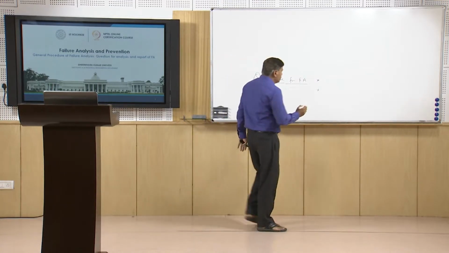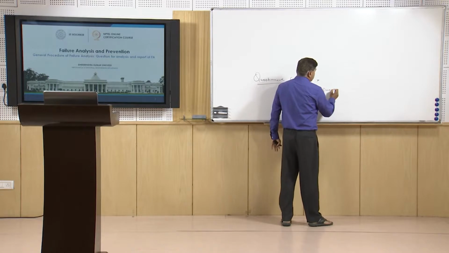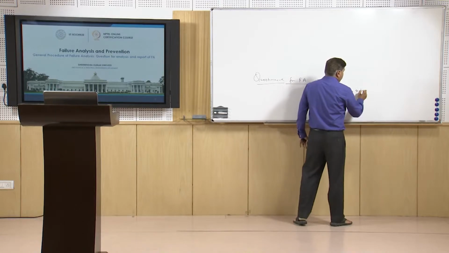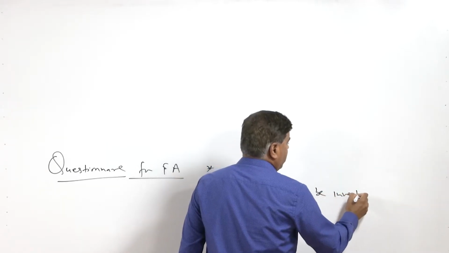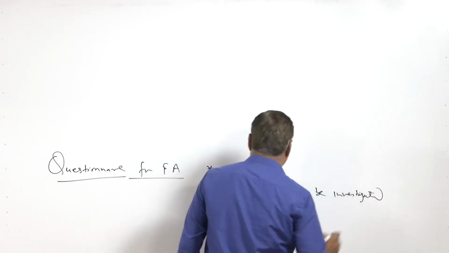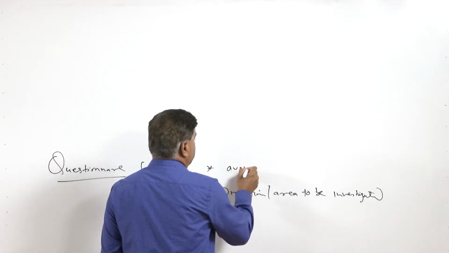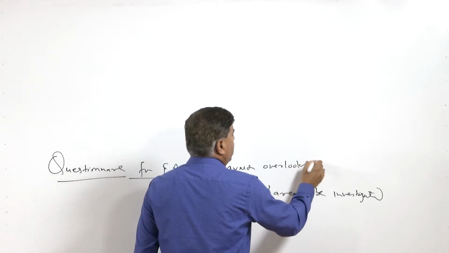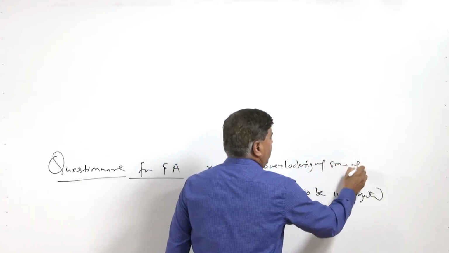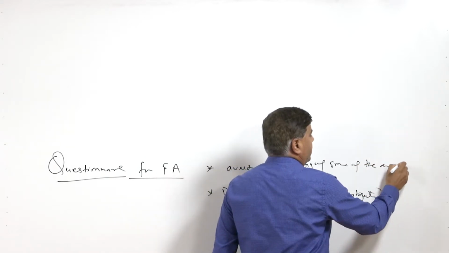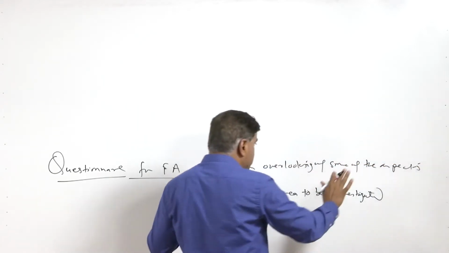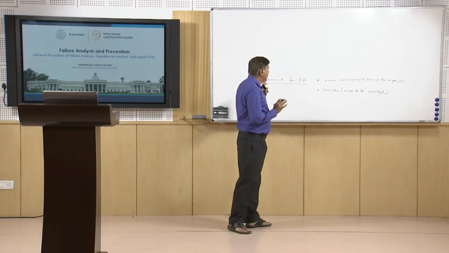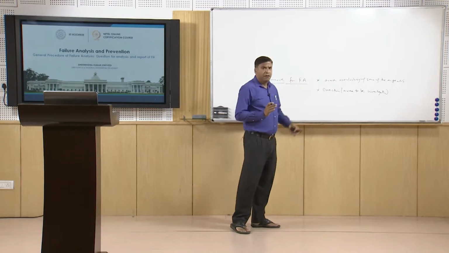One is the directions or areas which can be investigated as per the case, and the second is avoiding overlooking of some of the aspects related with the failure.